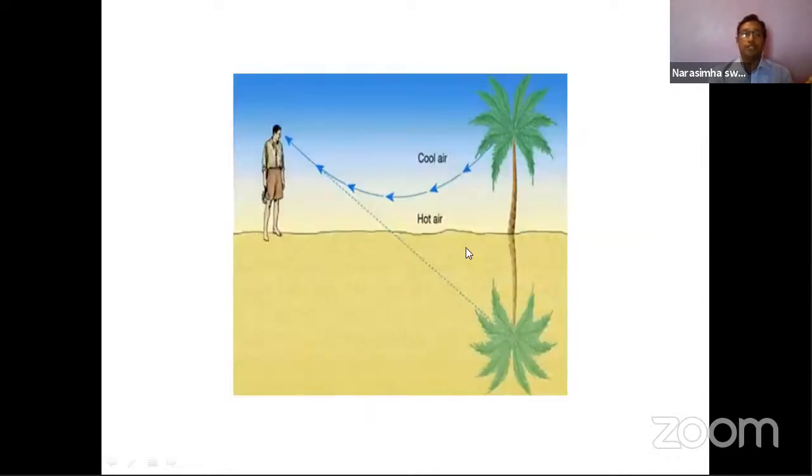Here comes the picture. In hot summer, near the surface, there is hot air. Here the density is low, so the velocity is more, and while moving upward, the air is cooled, so the density will be more.